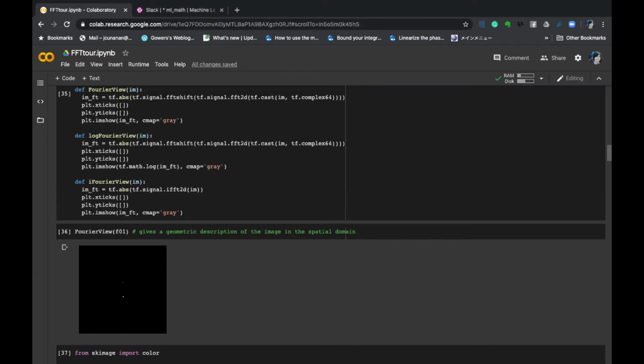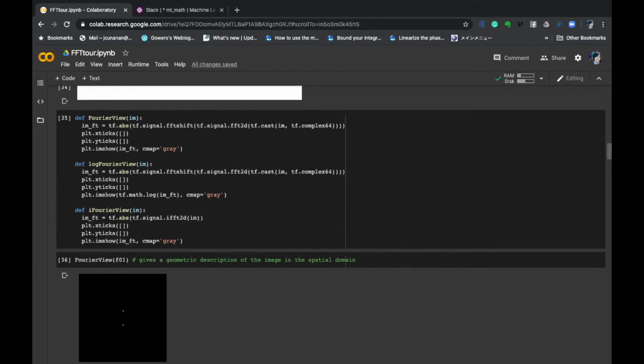You see these two frequencies that are active are on the vertical line. That means there's change when you move up and down. So that's why these are horizontal stripes. This is from the horizontal stripes function.